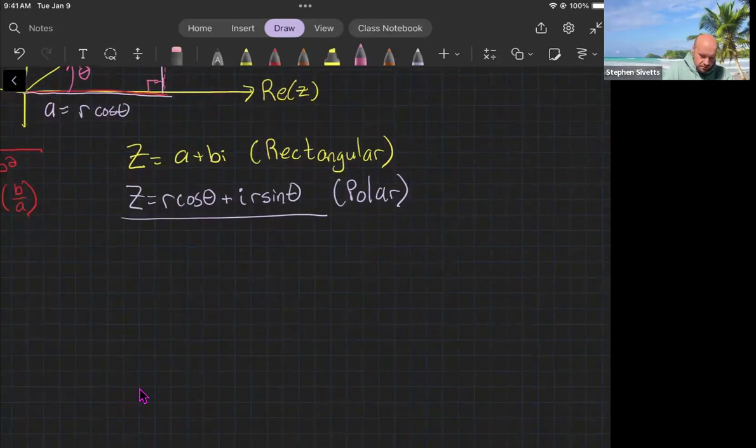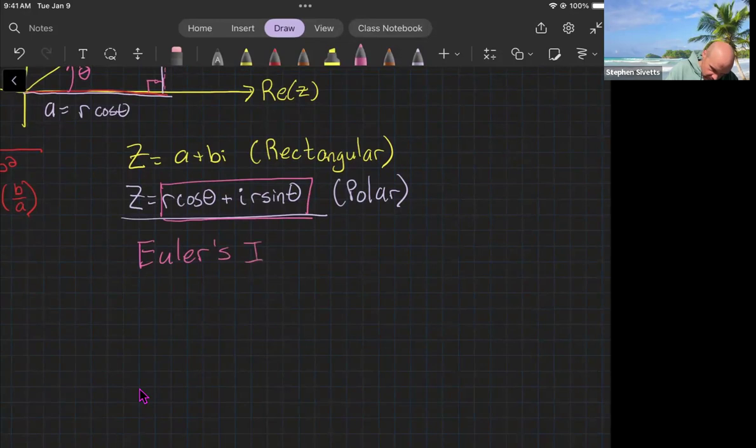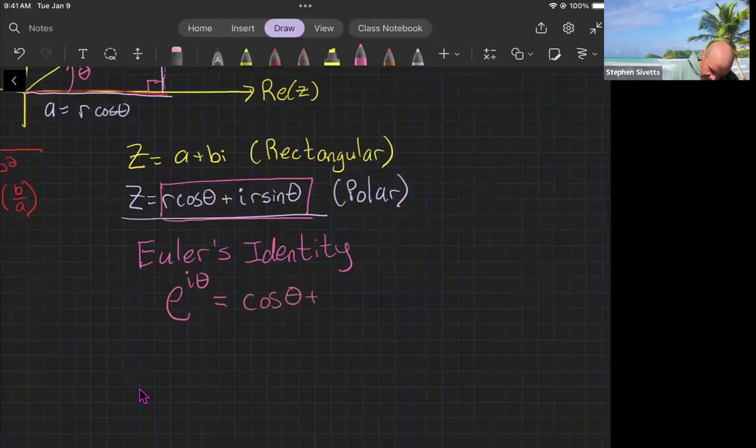In Calc 2, you may have seen this type of formula appearing on the right, and it refers to Euler's identity. e to the i theta is equal to cosine of theta plus i sine theta.